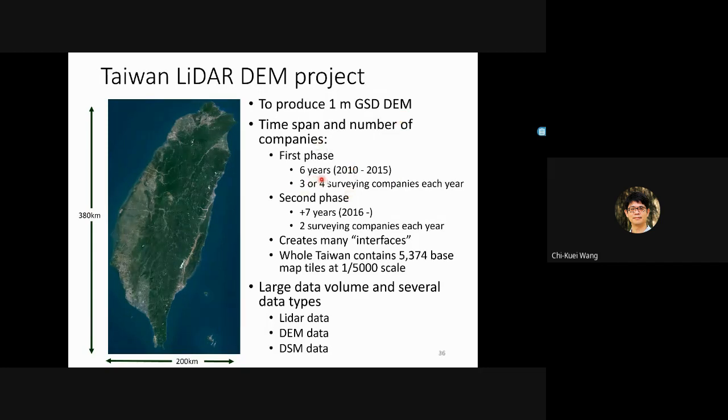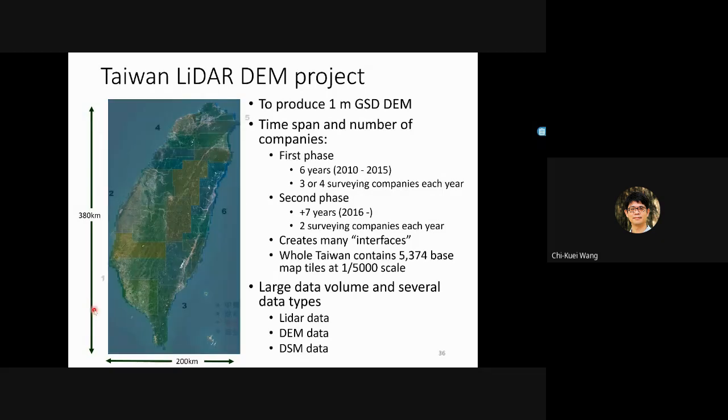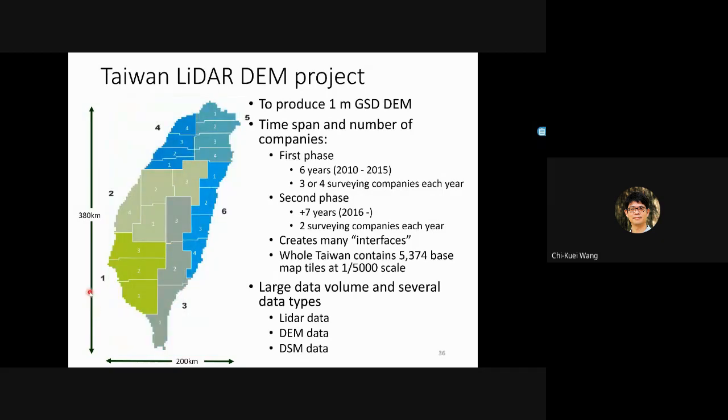We took 6 years, and each year we had 3 to 4 surveying companies. Even though Taiwan is not really wide, not really long, we are actually a very small island, it took us 6 years: first year, second year, third year, fourth year, fifth year, sixth year.